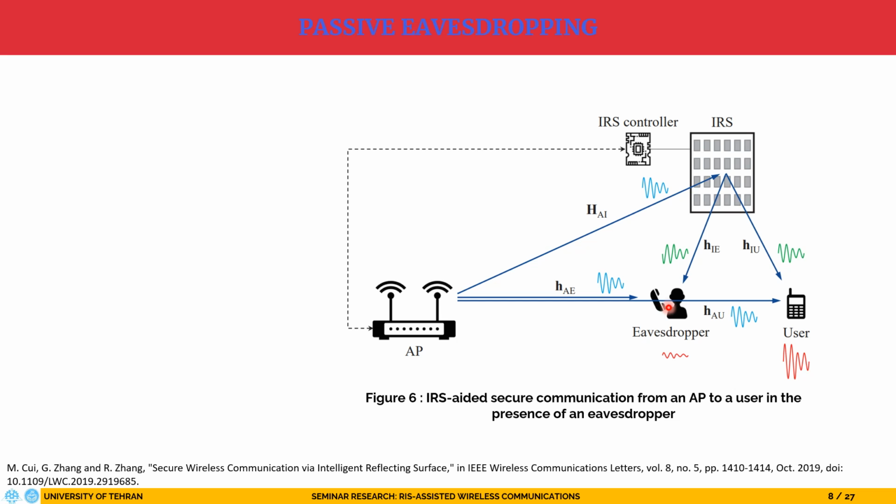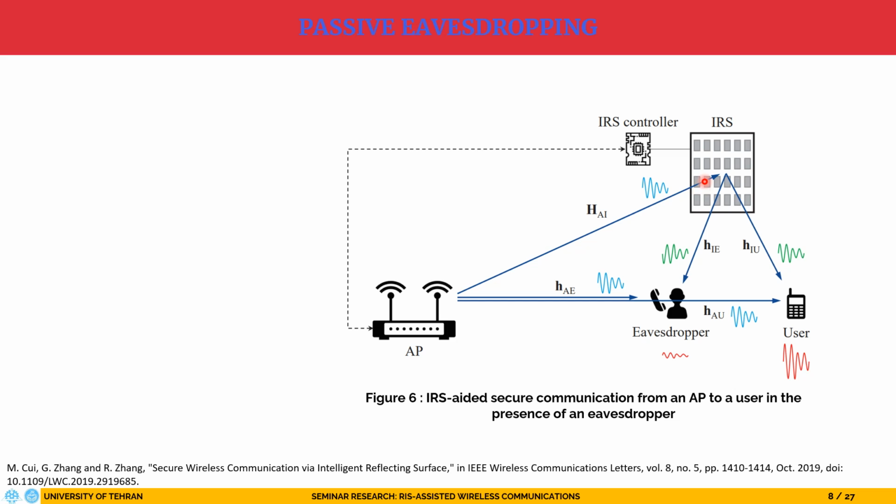The eavesdropper can do the channel estimation between the access point and itself, and by having the actual channel, this channel HAE, it can decode the signal and get the information which was intended to be received just by this user. So an eavesdropping happens here.